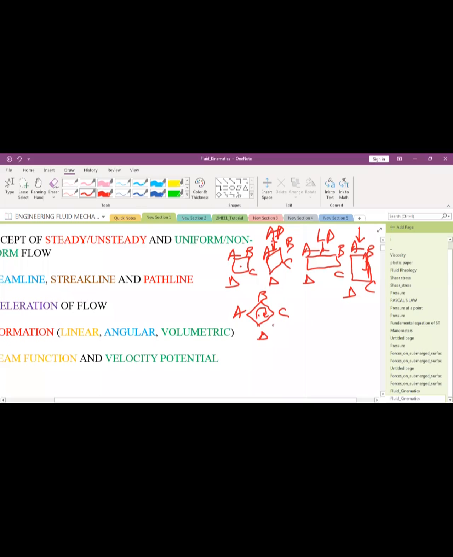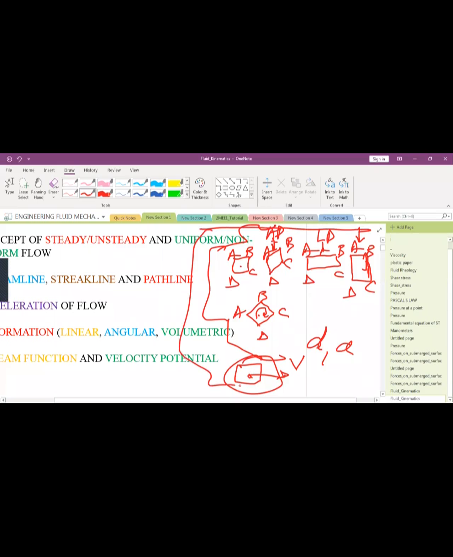This is one kind of kinematics, where you are actually seeing what is happening to the fluid element. Now this fluid element itself may be moving with some velocity. So you can define the velocity, the displacement and the acceleration of this fluid element. If you want to define or observe all these things, that is called kinematics.